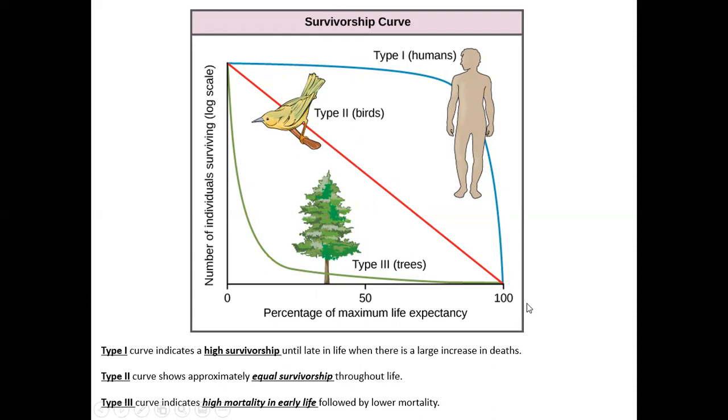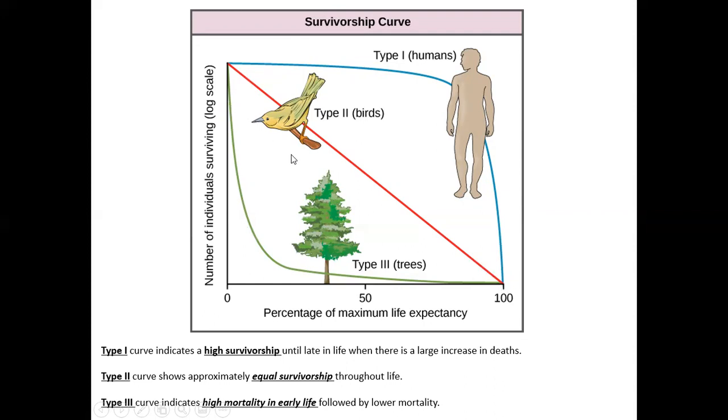With humans, 100 is a good maximum life expectancy. In general, that's not exactly true, but with something like trees, this 100% can be around 250 years, 300 years. Birds, that might only be like 5 years, something like that. Insects, things like that.